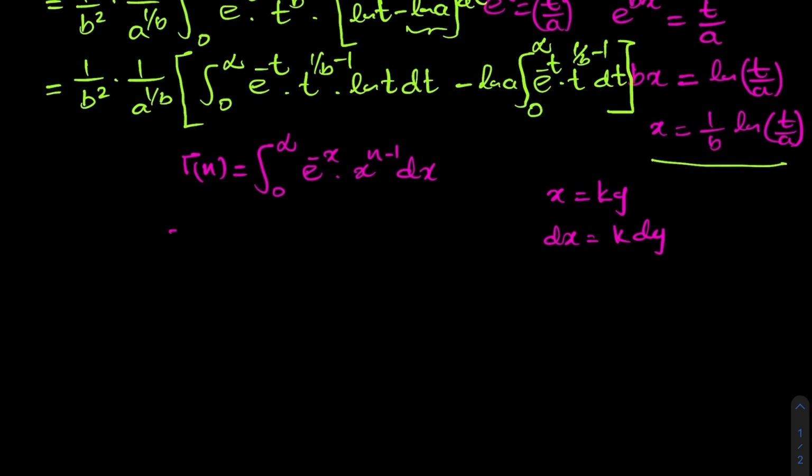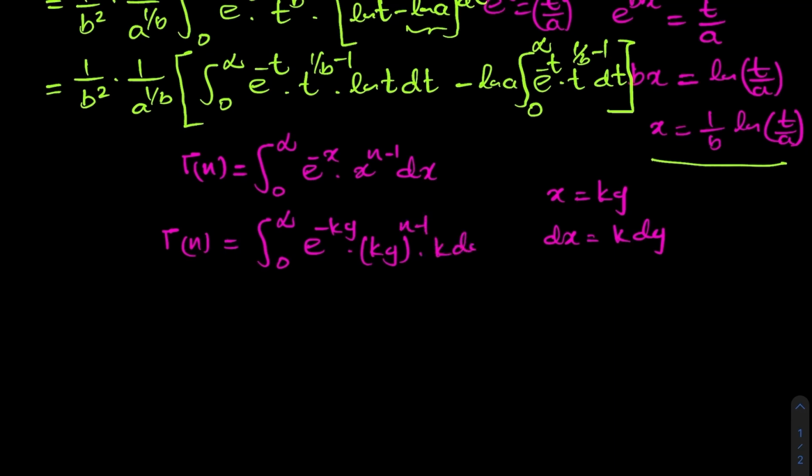Now we can write gamma of n is equal to the integral from 0 to infinity of e to the minus x, where x is k times y, times (ky) raised to the n minus 1, dx is equal to k times dy.